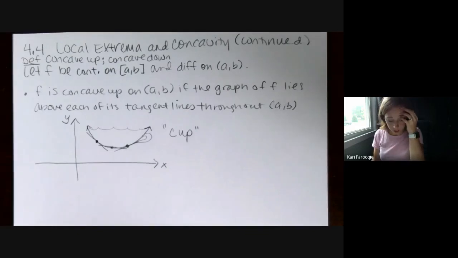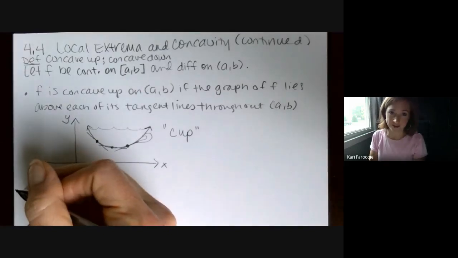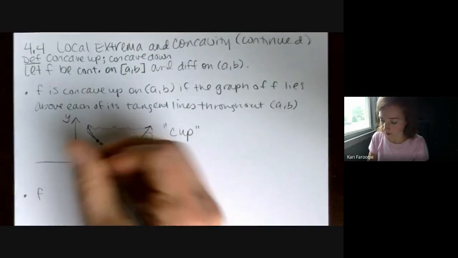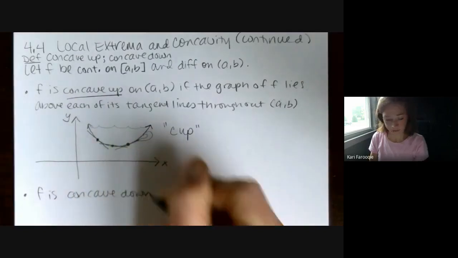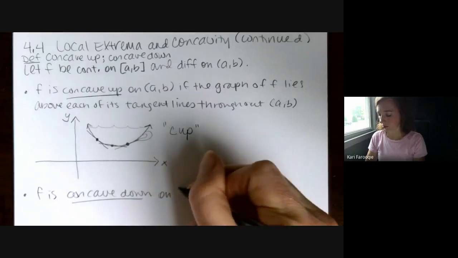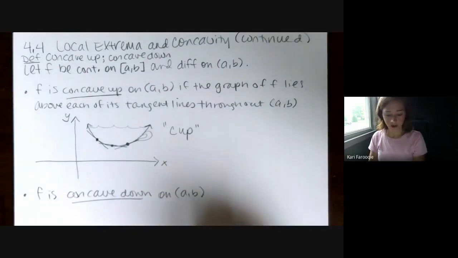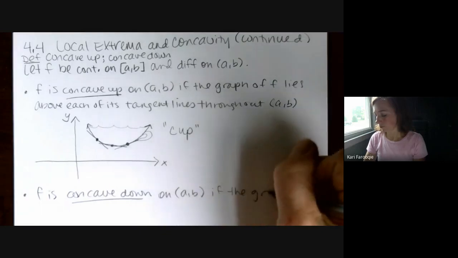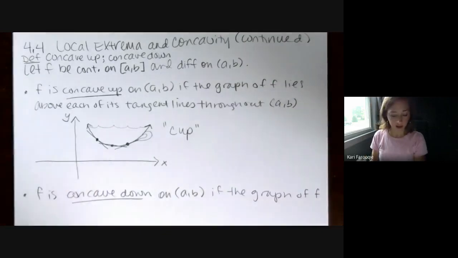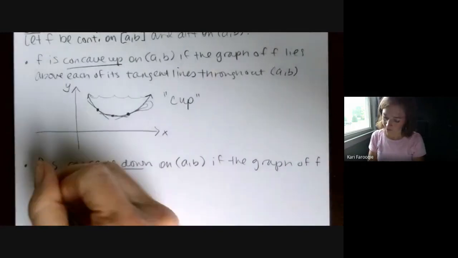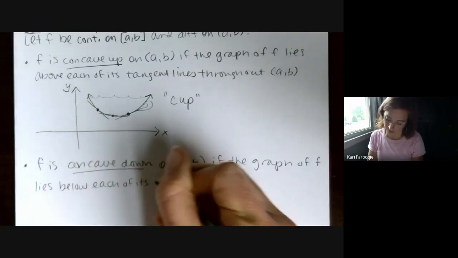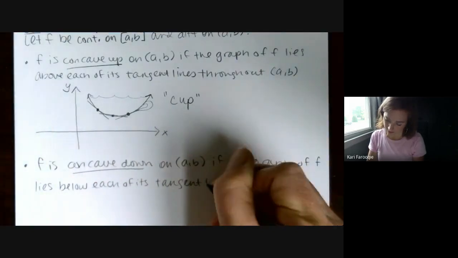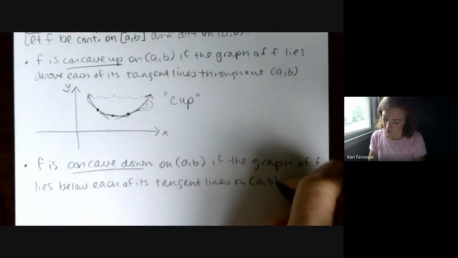And we're going to now talk about concave down, but it's basically the same idea with the opposite situation. So f is concave down on the open interval from a to b, if the graph of f lies below each of its tangent lines on the open interval from a to b.